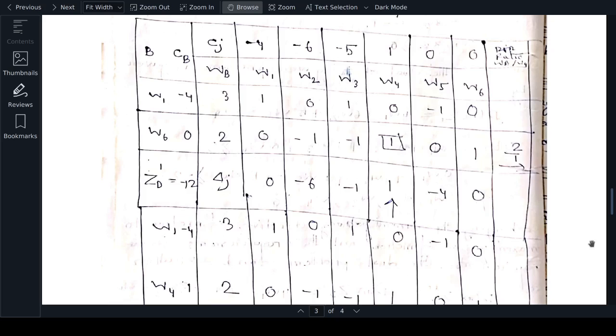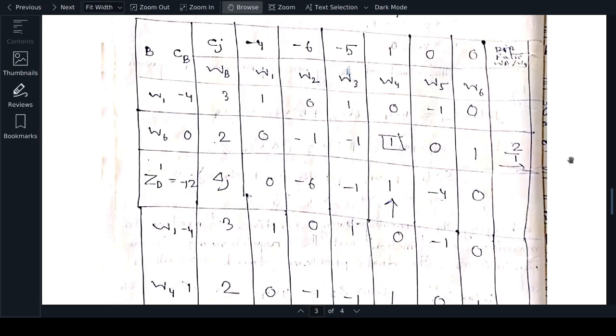The minimum ratio is WB by W4. 3 by 0 is infinite, you will not write. 2 by 1 is 2. So 2 is our minimum ratio. So the pivot element is 1, the intersecting element. Then W6 will be outgoing and is replaced by W4.